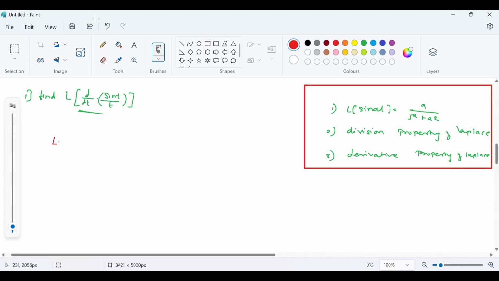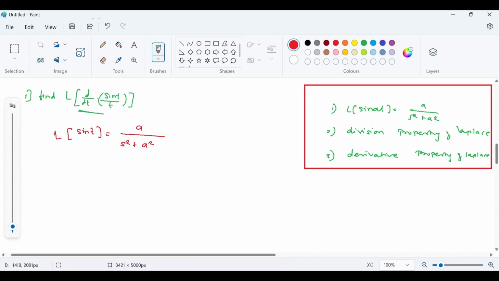First, I am going to find Laplace of sin t. I'm going to find the Laplace for sin t. So what can I get as per this equation, which we have, a upon s square plus a square, right?